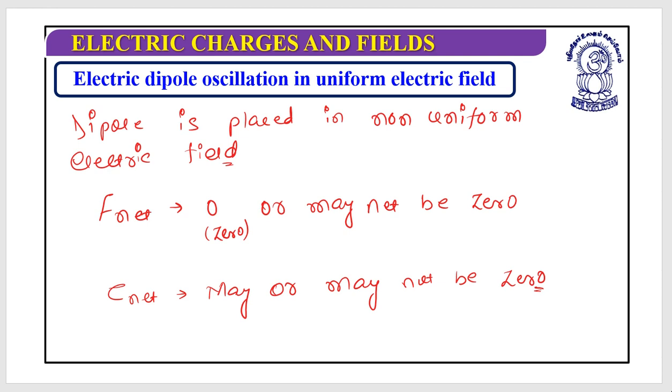Why? Did you remember this? Yes, in case 1 it was 0. In case 1 torque would be 0, but in case 2 torque would not be 0. And F is dependent on distance: for a point charge it could be 1 by r cube, and for dipole-dipole interaction it is 1 by r4.